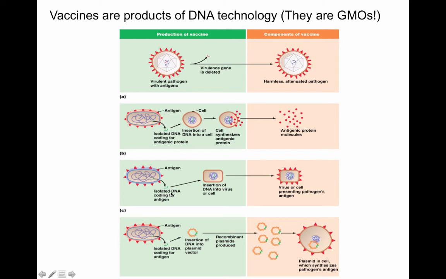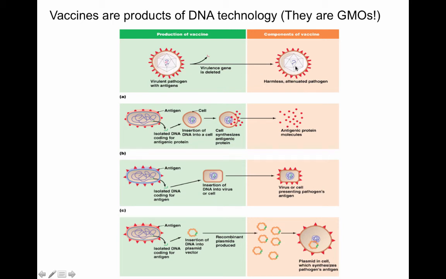They take the gene for this antigen, isolate it, put it into a virus or cell that will then express and generate the antigen on its surface. And they can then take this live cell. Maybe this is a harmless virus.